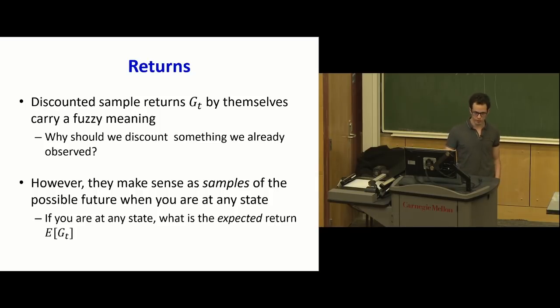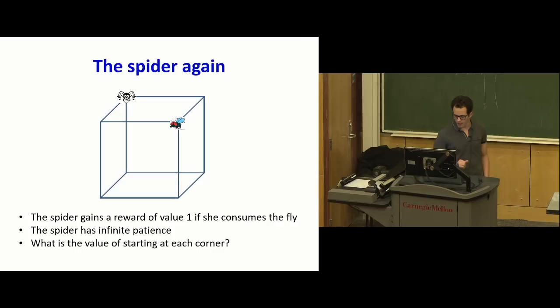This has a name, and we're going to give you the name very fast. So if the spider gets a reward of 1 when she gets the fly, and has infinite patience, which means gamma equals 1, then what's the value of starting at each corner? Value meaning how good is it?